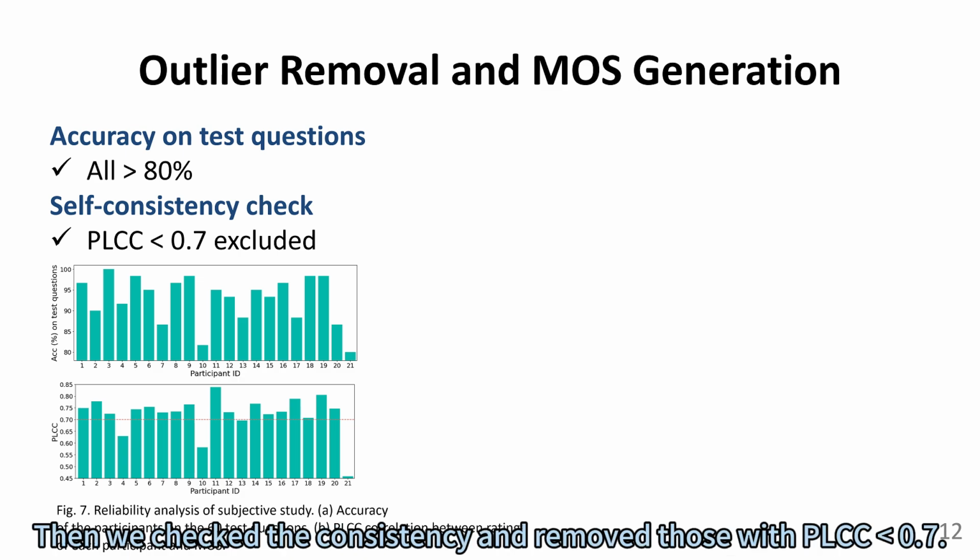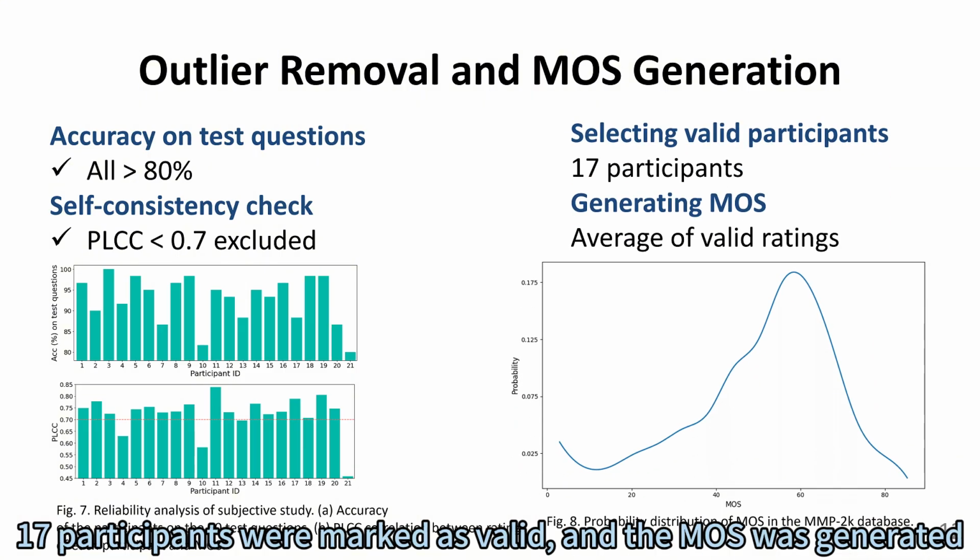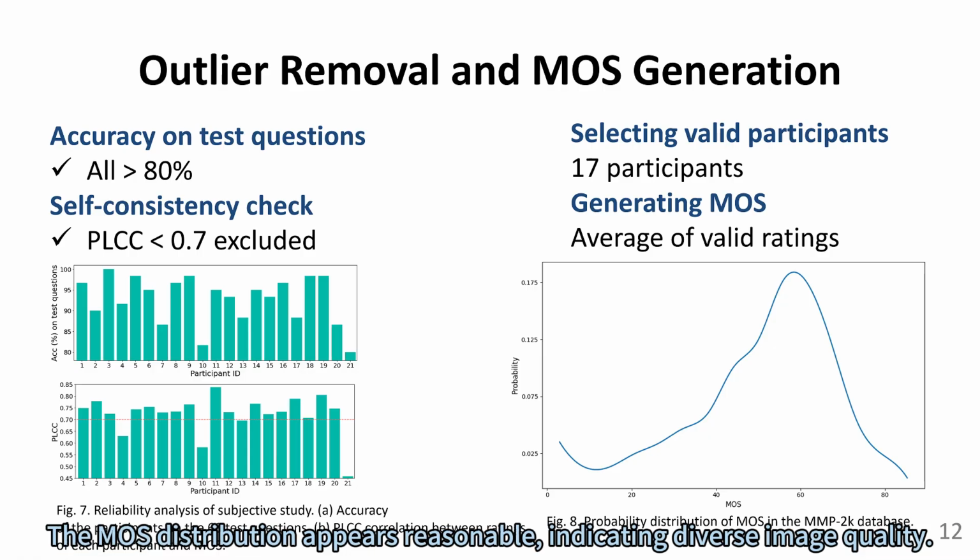Then we checked the consistency and removed those with PLCC less than 0.7. 17 participants were marked as valid, and the modes were generated. The modes distribution appeared reasonable, indicating diverse image quality.